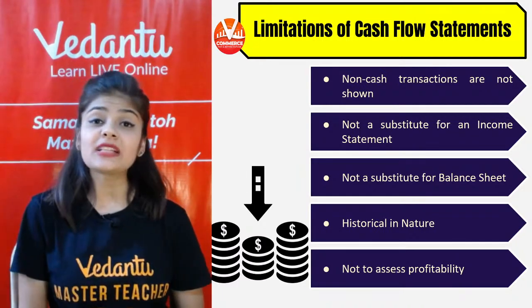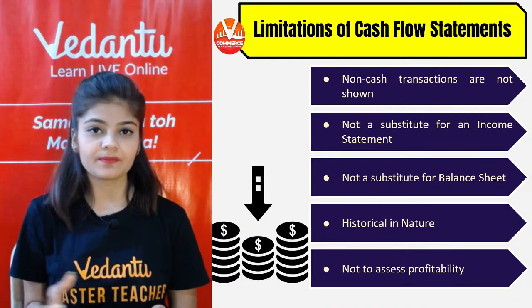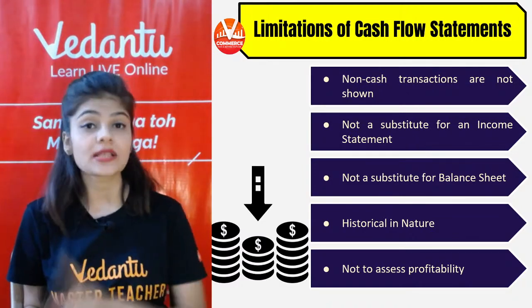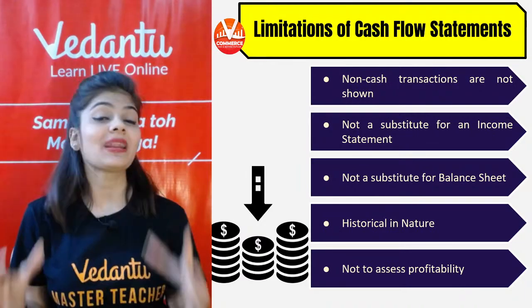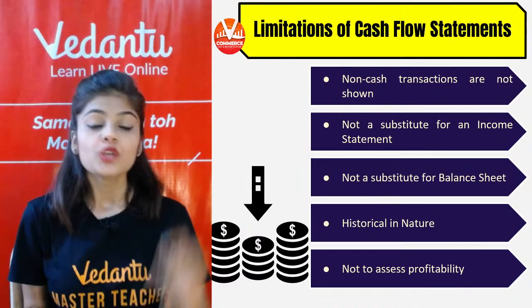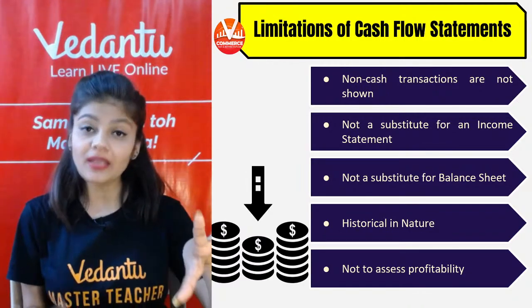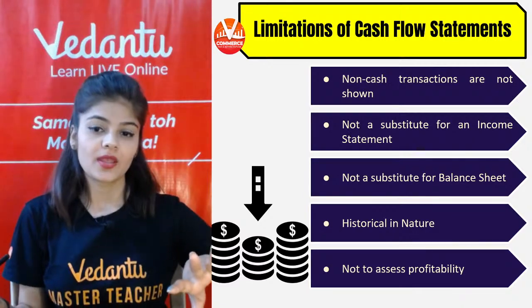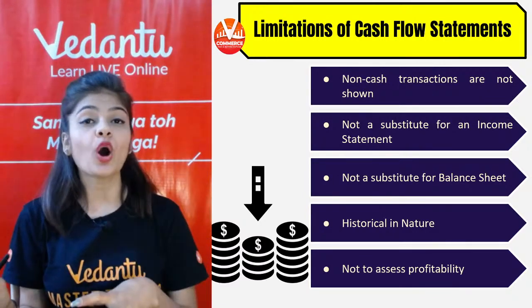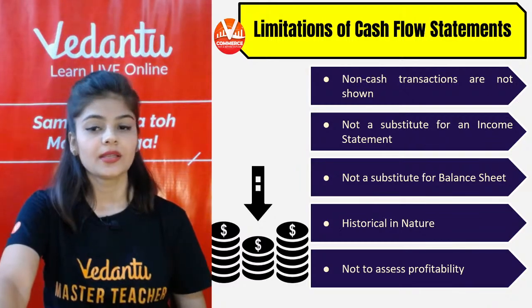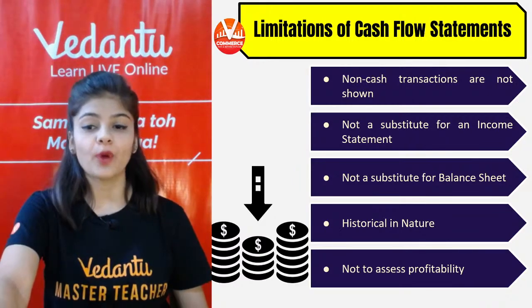Income statement tells you the profit or loss. With the help of income statement, you can find out profit or loss. But cash flow statement cannot help you in finding out the profit or loss. So if you are preparing cash flow statement, you have to also prepare income statement. So this is the meaning of the second point.